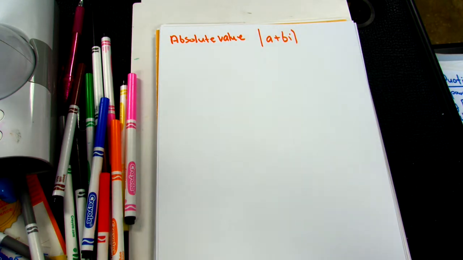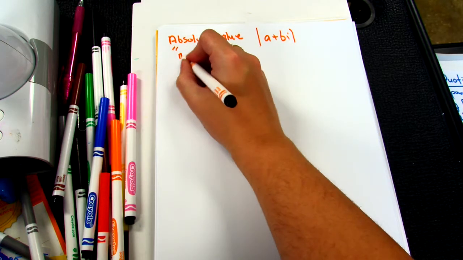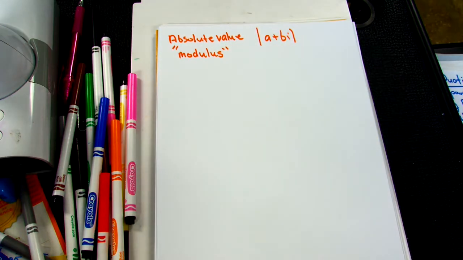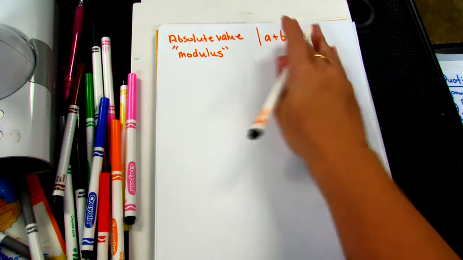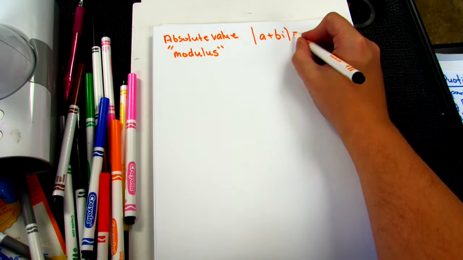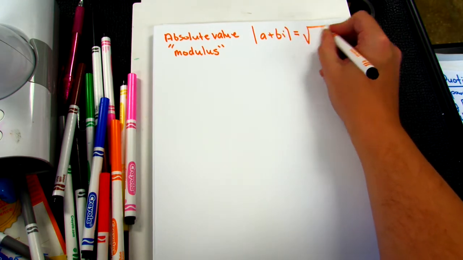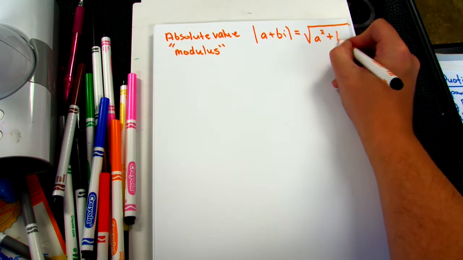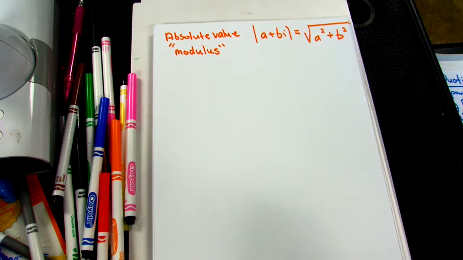The absolute value is also called the modulus. So when they say modulus, they're looking for the absolute value. It is represented by this formula: the square root of a squared plus b squared.